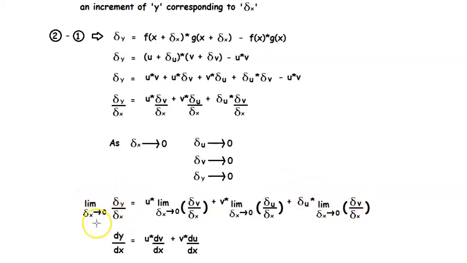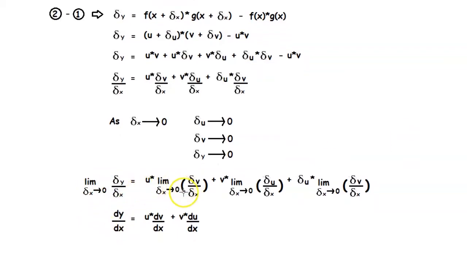So here this part will be equal to dy by dx, and this part limit of delta v divided by delta x as delta x tends to 0 will be dv by dx, similar to this part. Here this is dy by dx, so this part is dv by dx, plus v multiplied by this whole part will be du by dx.